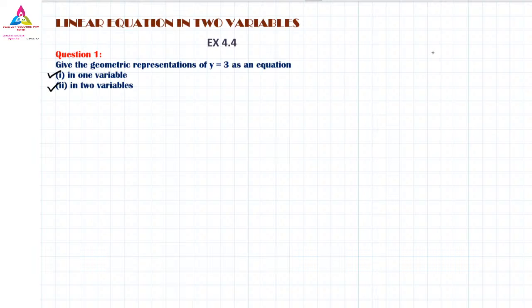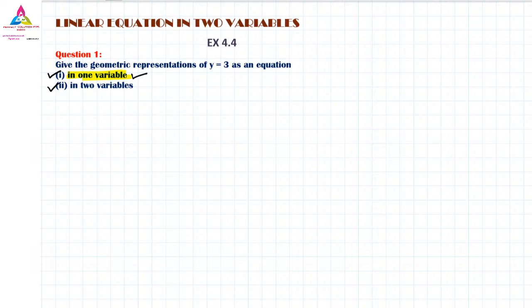When they have given two variables, we have to draw the x and y axes, but here they have given only one variable in the first question, so we can't draw the x axis. We have to draw y is equals to 3, only that much.